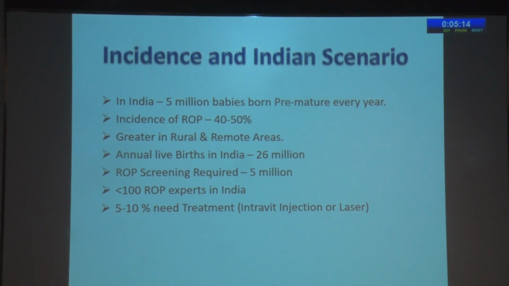What is the incidence and Indian scenario? 5 million babies are born premature every year. The incidence of ROP is around 40 to 50%, greater in the rural and remote areas. Annual live births in India are around 26 million, and ROP screening is required for around 5 million. It is huge, and very few ROP experts are available in India.